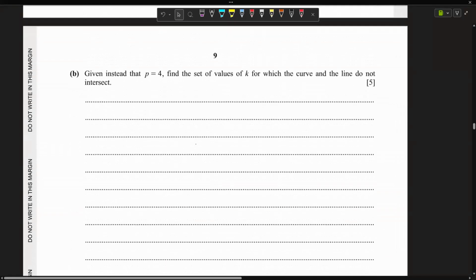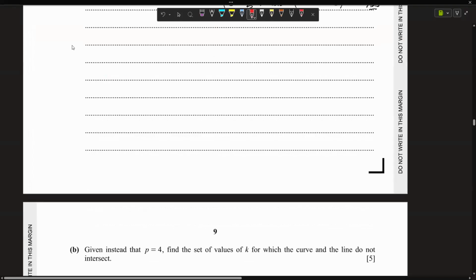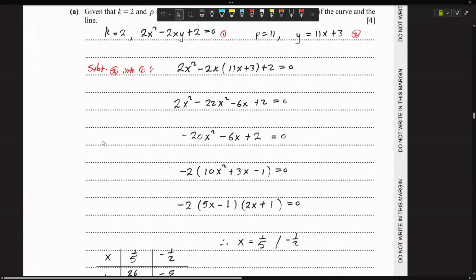Let's move on to part B. Now on part B, it says given instead that P is equal to 4, find the set of values of K for which the curve and the line do not intersect. Now, they say given instead, which means the conditions on part A are no longer valid.